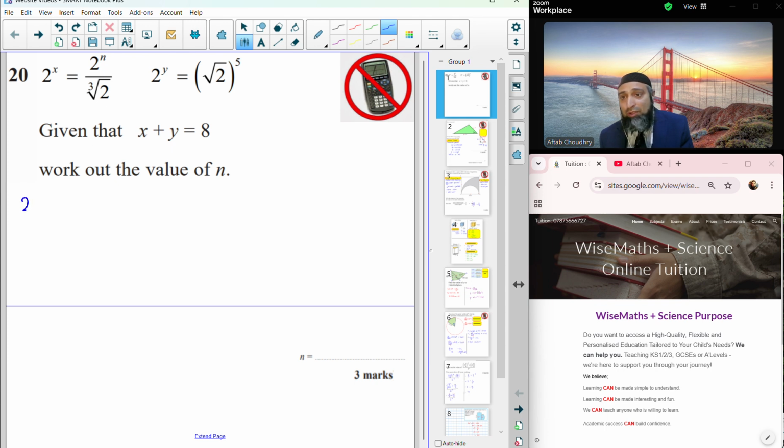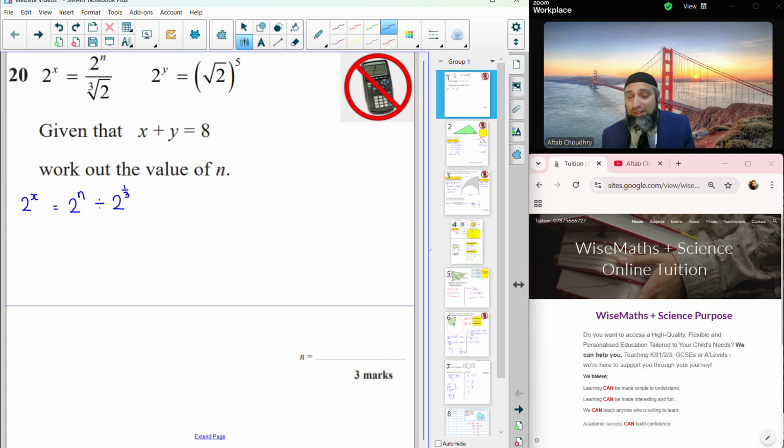So let's rewrite that down. 2 to the power of x is equal to 2 to the power of n. Now there's a divide sign there. Because it's a cube root, we can write it as 2 to the power of a third.